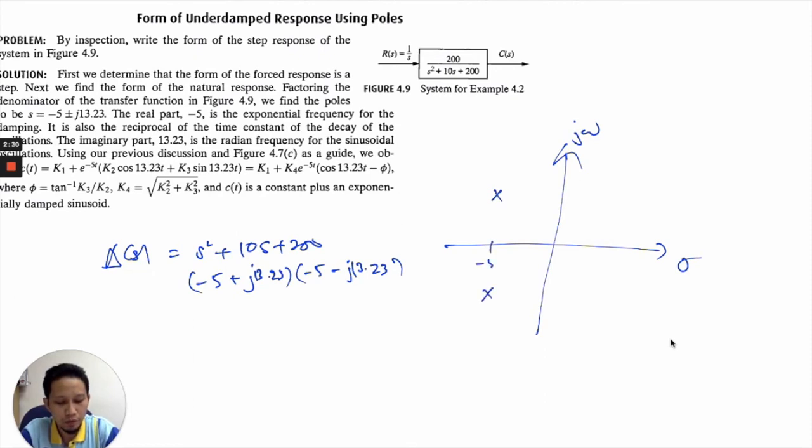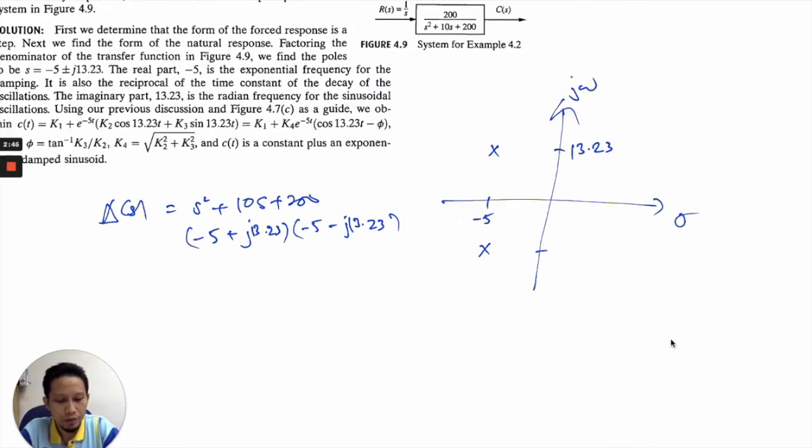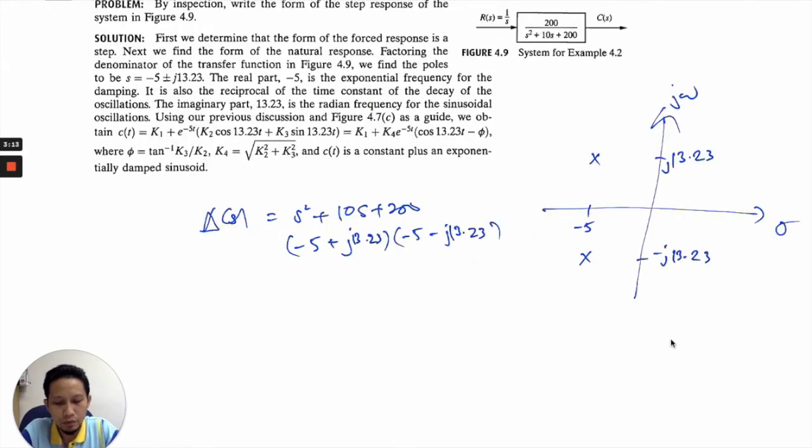This is negative 5, and this is the imaginary axis. We have j 13.23 over here, and negative j 13.23 over here. The real part is the exponential frequency.